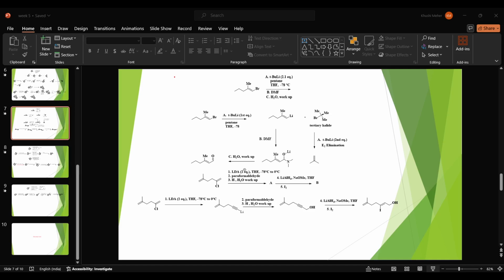First, it will remove our tosyl group. After that, it will remove the nitrogen gas, and you will get this kind of carbanion, and the lithium will be there, and that will stay as a lithiated alkene. In the first case that will react with dimethylformamide, but in this case the electrophile is nothing but carbon dioxide.